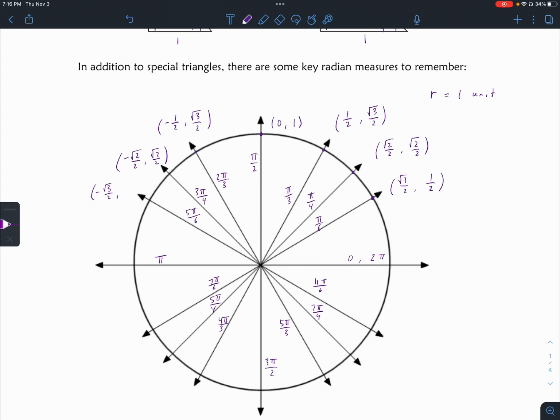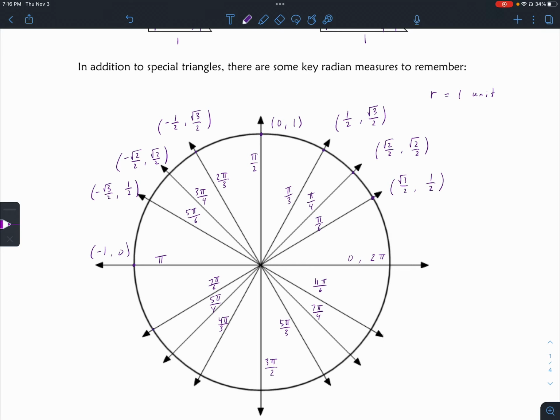And sine of 5 pi over 6 is going to be positive 1 over 2. Now on to pi, or 180 degrees. So remember, this is a unit circle. So we're at negative 1 for x and 0 for y.